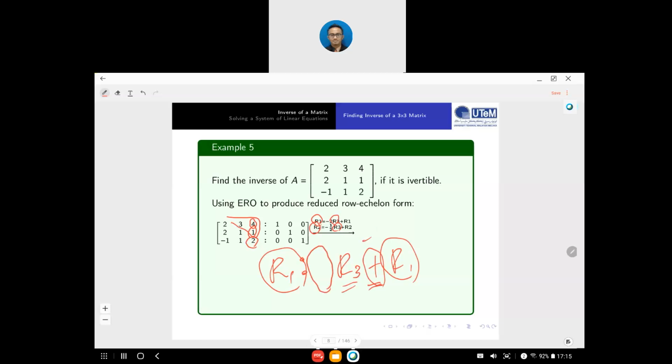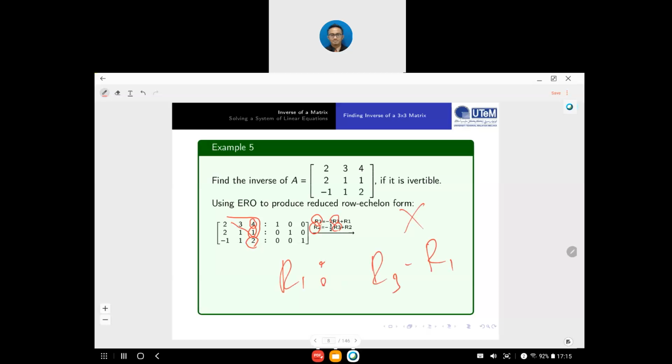If you write, for example, you want to change R1 and then R3 minus R1, even though you get the same value, the way of your calculation is wrong, because you must use plus here, and here must be 1 times R1.